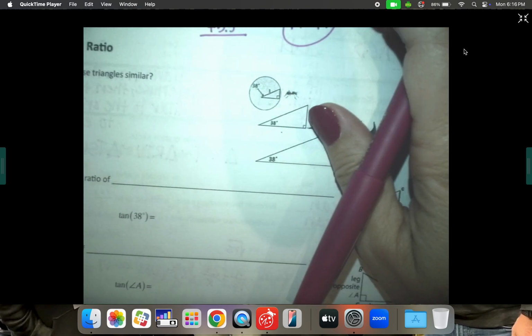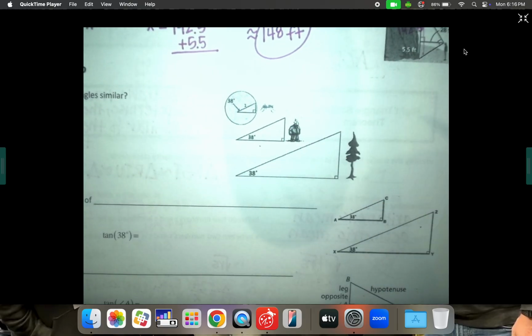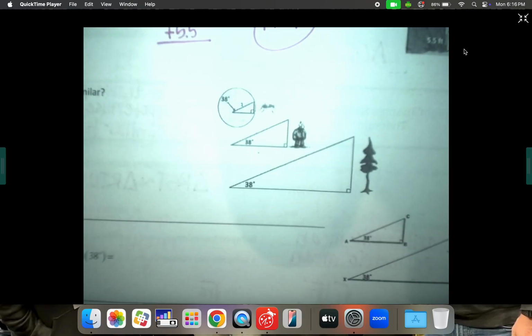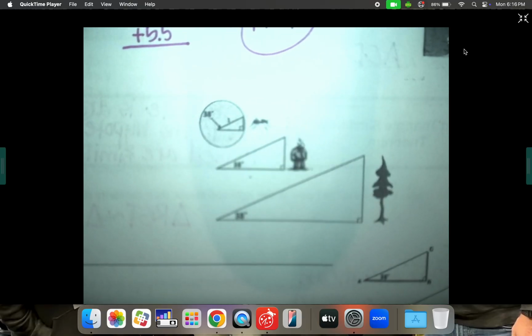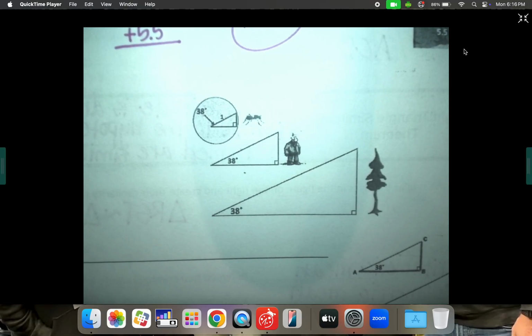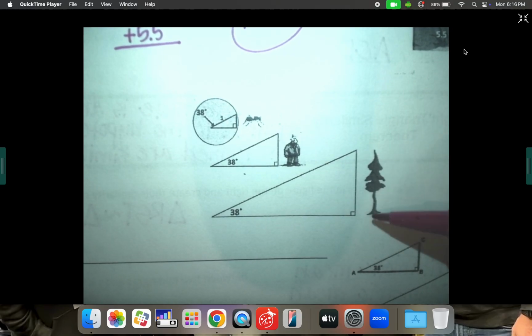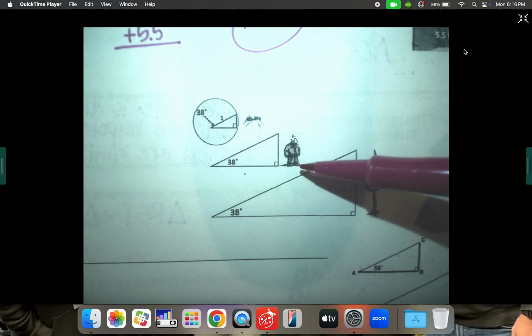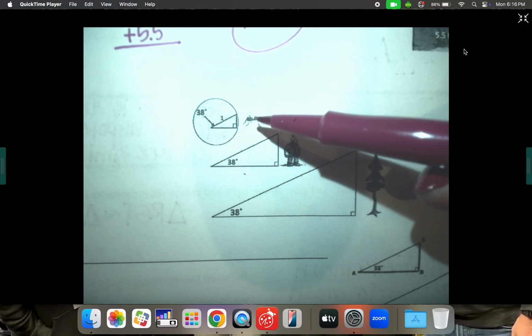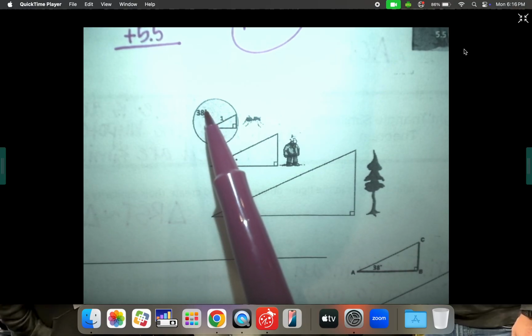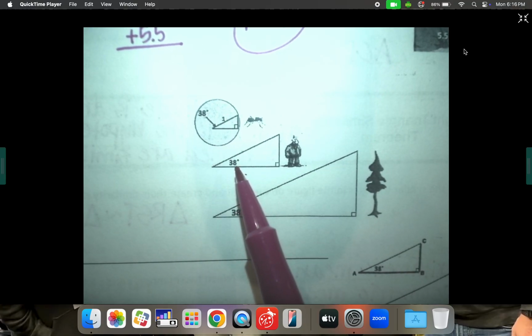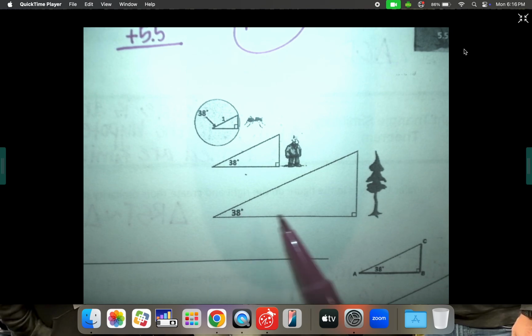So the first thing I want to know is, are these 3 triangles similar? In our previous lesson, we learned about taking the 3 triangles and separating them into 3 similar triangles. So are these 3 similar? Obviously, we don't know the height of the tree or the person, if that's a person, or the ant, but we do know that the acute angle is 38, 38, 38, and they all have right angles.